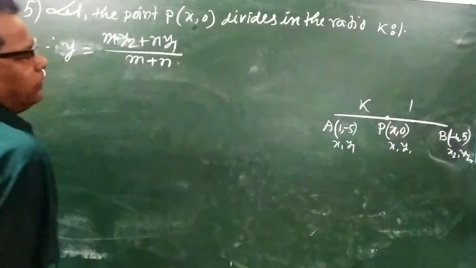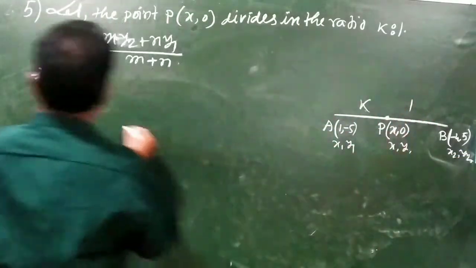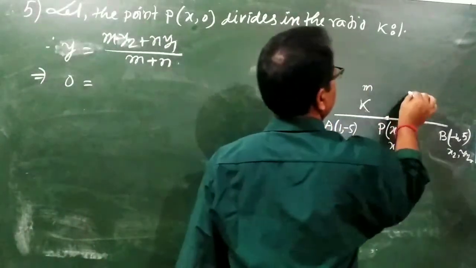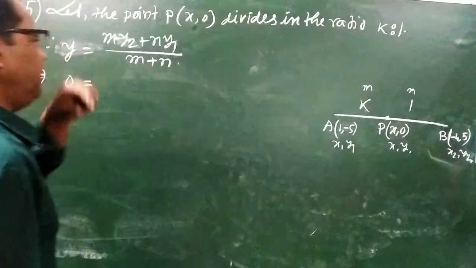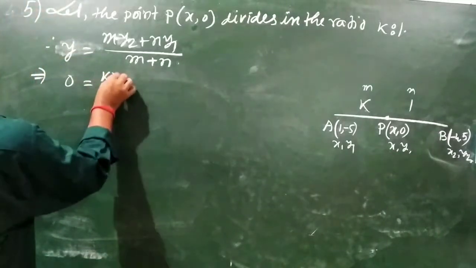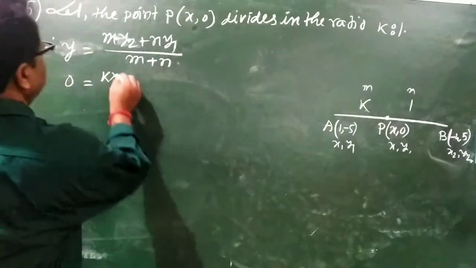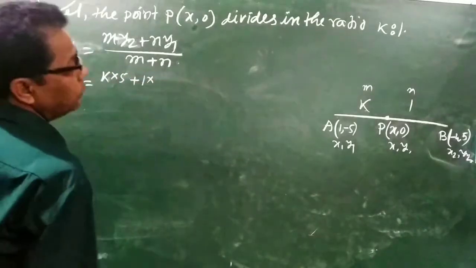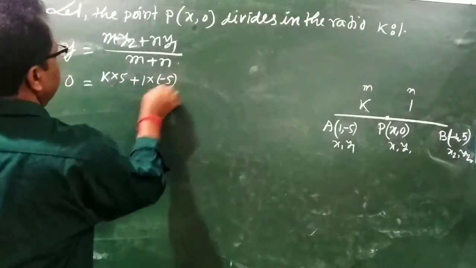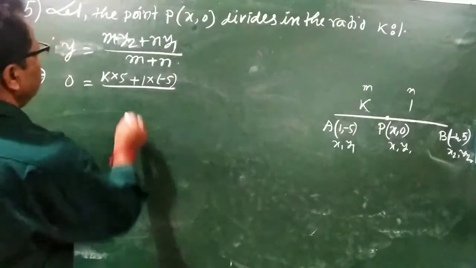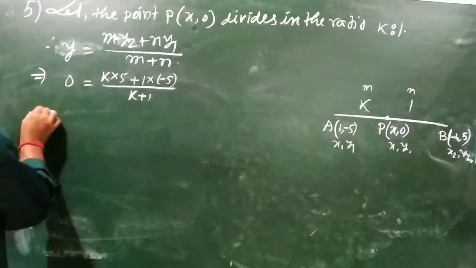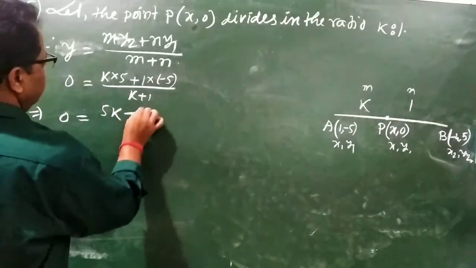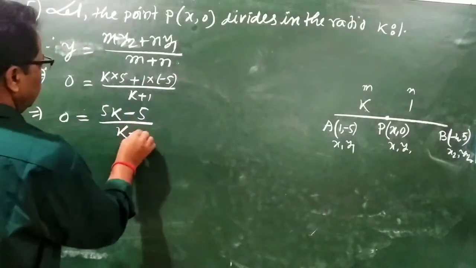So the value for y is here 0 equal to, m is to n, so the value for m is k, y2 is 5, plus n is 1, into y1 is minus 5, divided by m plus n, that is k plus 1. So 0 equals (5k plus 1 into minus 5) divided by (k plus 1).